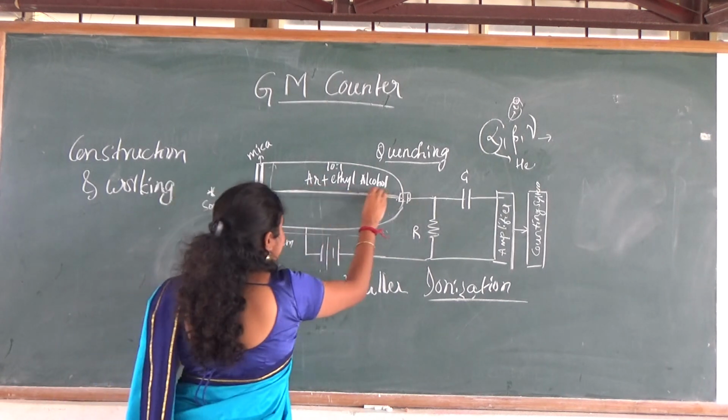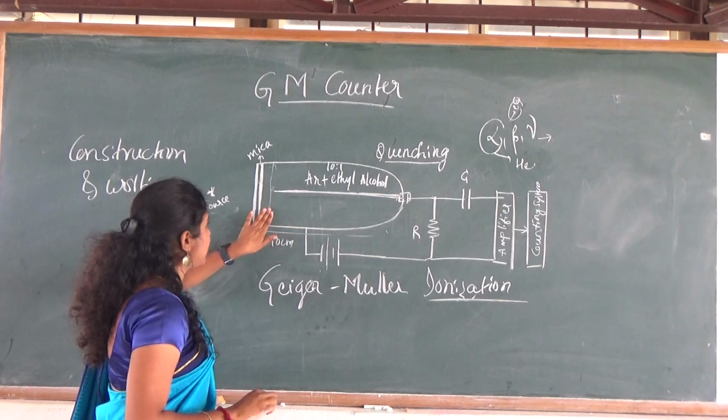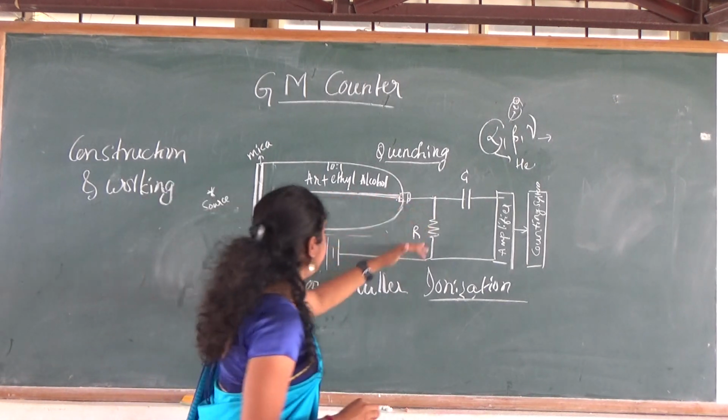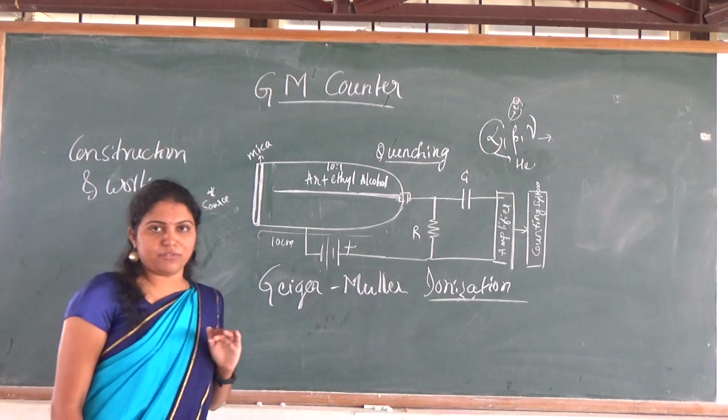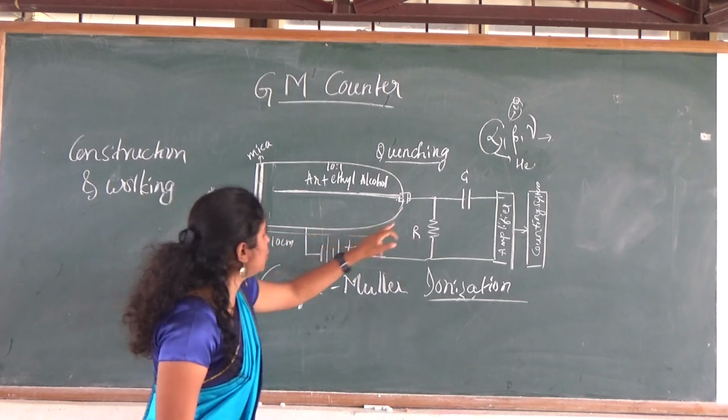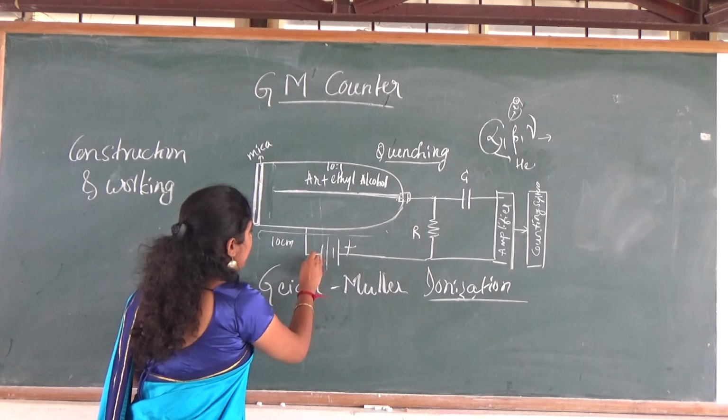Inside this tube there is a tungsten wire stretched along the tube, which is connected to the positive terminal of the battery. The metal tube is connected to the negative terminal of the battery.